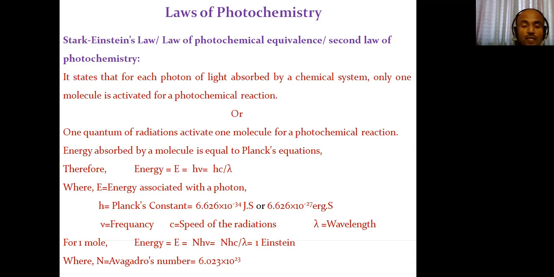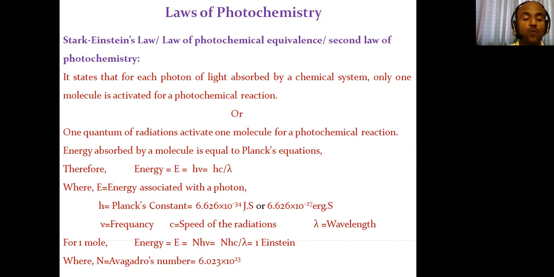Therefore, E is equal to h mu, or we can also write E is equal to hc upon lambda, where E is the energy associated with the photon, h is Planck's constant, whose value is 6.626 into 10 raised to minus 34 joule second, or 6.626 into 10 raised to minus 27 erg second. Mu is the frequency, c is the speed of electromagnetic radiation, that is equal to the speed of light, and lambda is the wavelength.